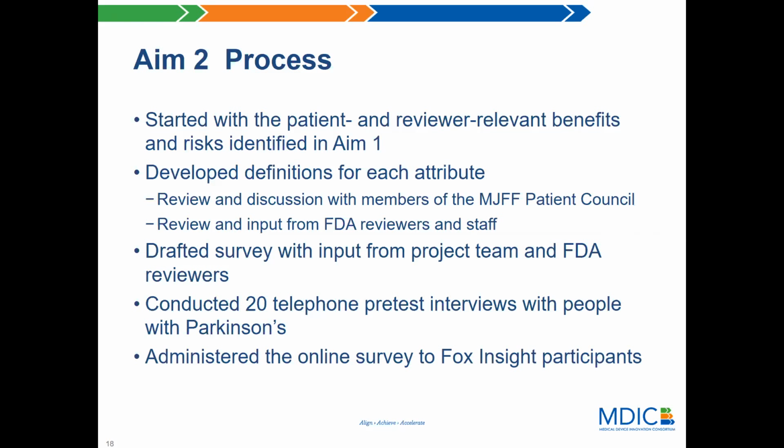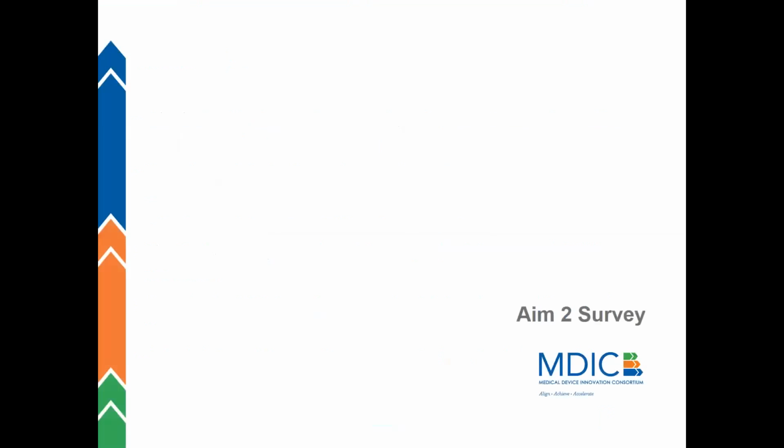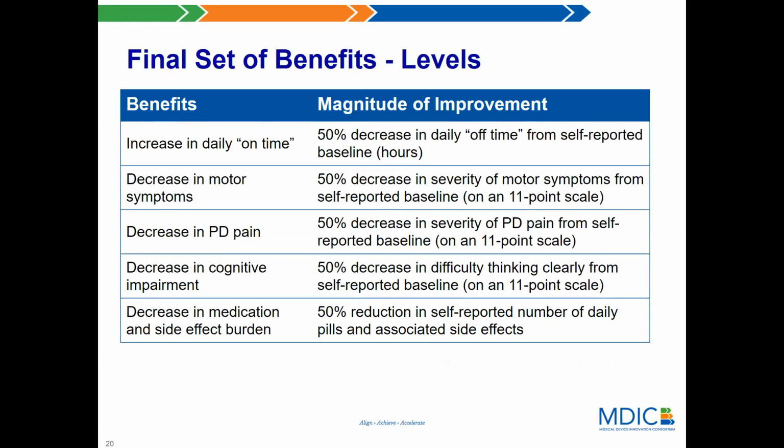And then ultimately, this was programmed as an online survey that was administered to participants in Fox Insight. So the survey itself included the benefits and risks, and I'll sort of show how we built that up.